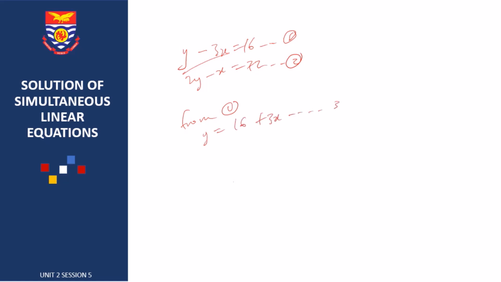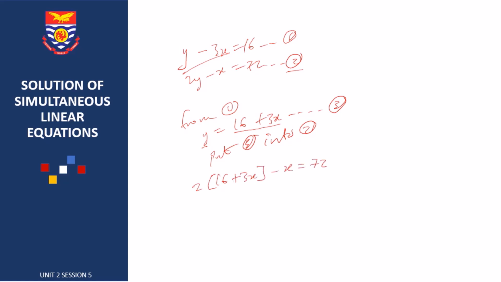Now I'll put equation 3 into the other equation that was left, so put it in equation 2. So wherever I see y, I'll put 16 plus 3x there. So here I have 2 times 16 plus 3x, minus x equal to 72.